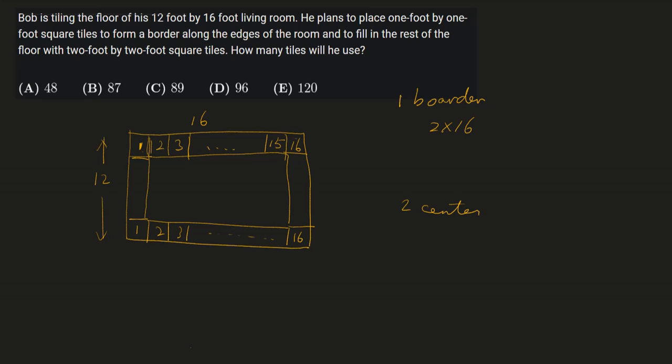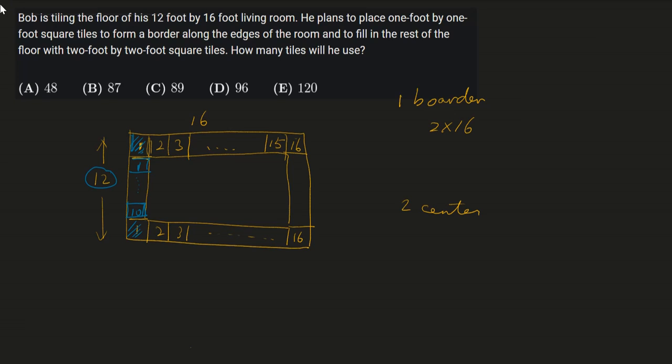How about the left-hand side and right-hand side? So from here, we'll use a different color. Let's use green. So that's 1. We'll use a tile here, and all the way to here. How many tiles do we need to cover this side? That will be 10, right? Isn't that 12? No, because we have a tile from the top already, and we have a tile from the bottom already.